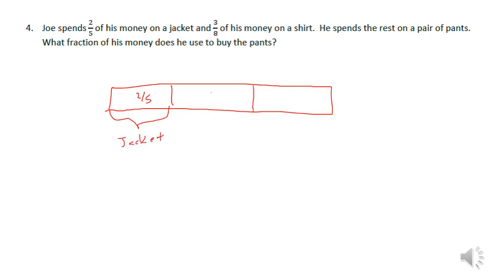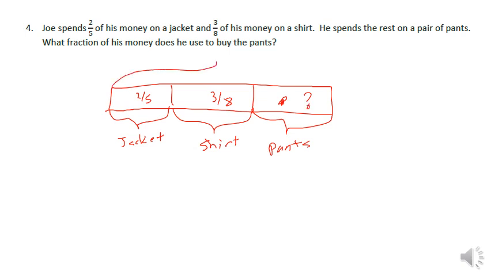and it shows 3/8, and this was for a shirt, and this one here has to be, because it says he spends the rest on pants. And that's what we're looking for. Now up here, this can be total money, which is basically 1.